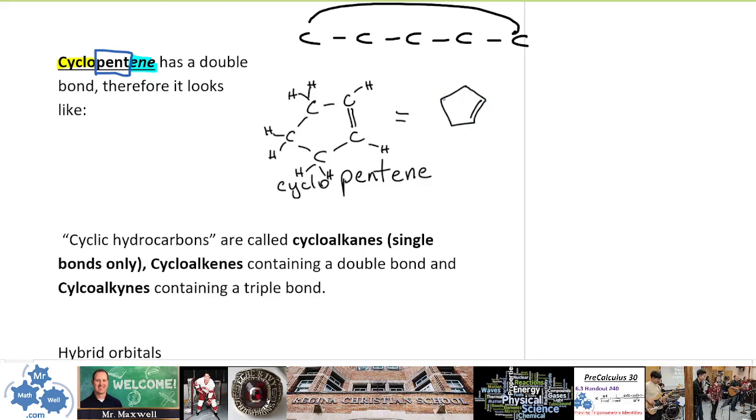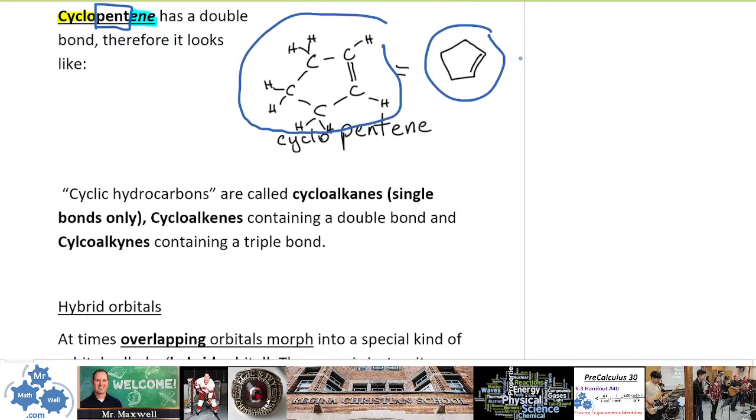For organic chemistry, it's assumed that at each corner, at each point here, there's a carbon, and the lines between those corners are bonds. So with this one, you can see that we have 5 carbons and 1 double bond. There's 2 lines here that represent a double bond. So you might see this cyclopentene start to look like this in your textbook and in the notes.